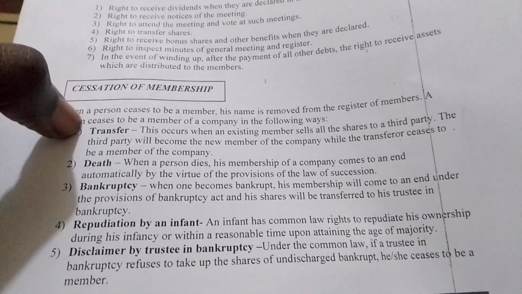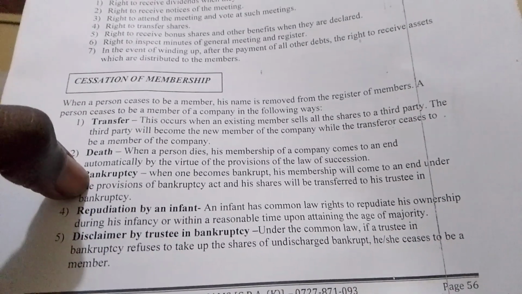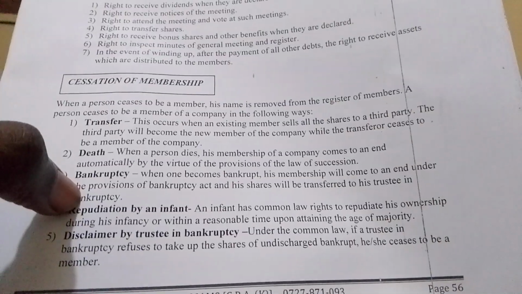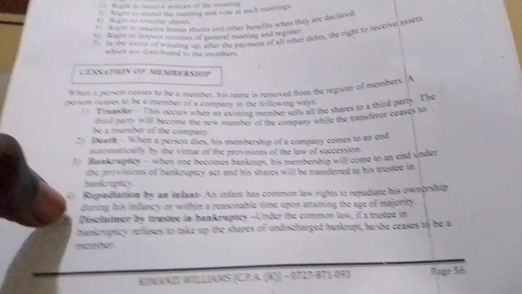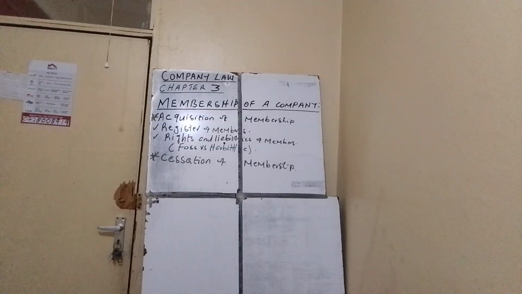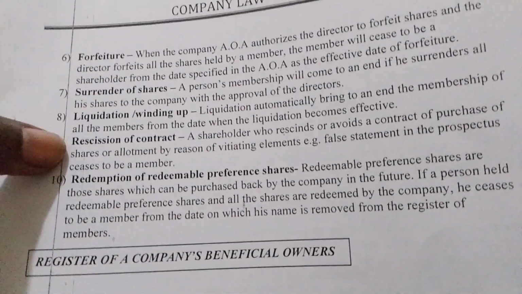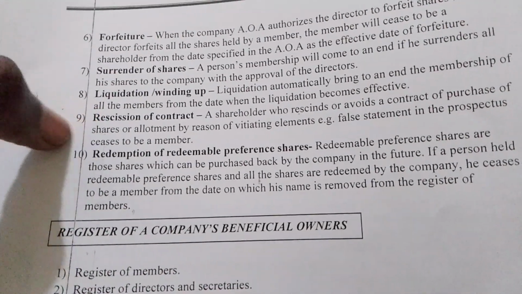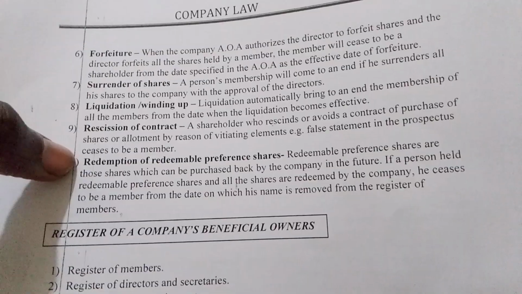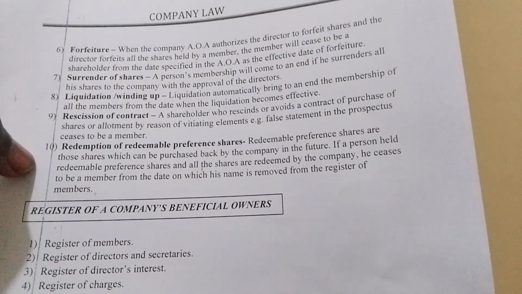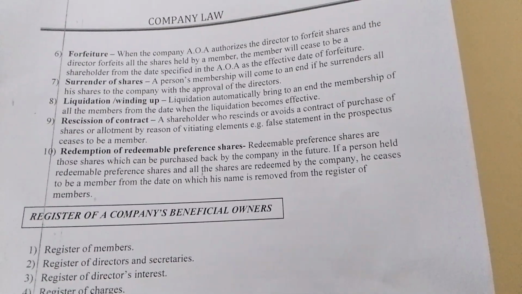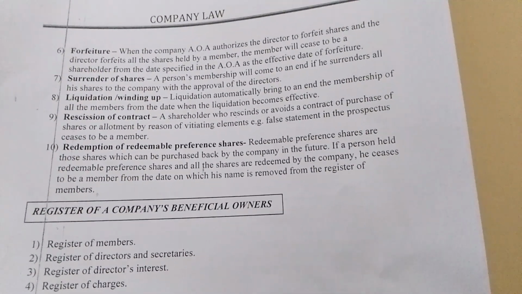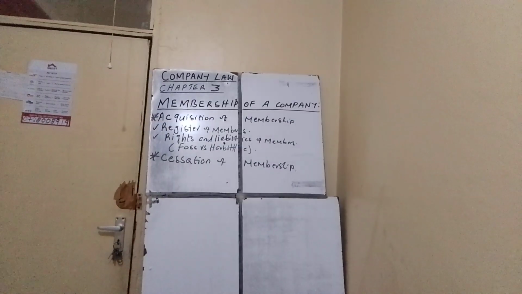One, transfer, death, bankruptcy, repudiation by an infant, disclaimer by trustee in bankruptcy. The list continues: forfeiture, surrender of shares, liquidation or winding up, rescission of contract, redemption of redeemable preference shares. Those are the 10 ways in which you can stop from being a member.